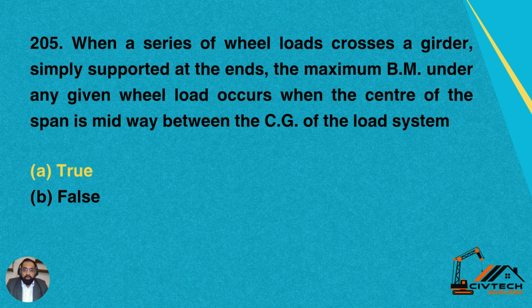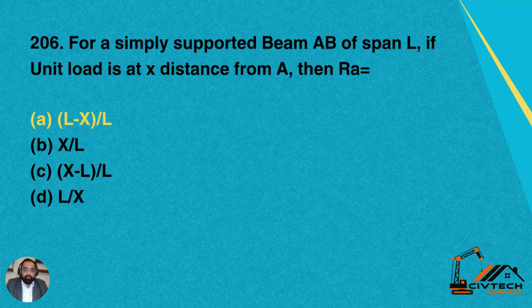So when a series of V loads crosses a simply supported girder, the maximum bending moment under any V load occurs when the center of span is midway between the center of gravity of the load system, like the train or bus. So yes, this statement is correct.